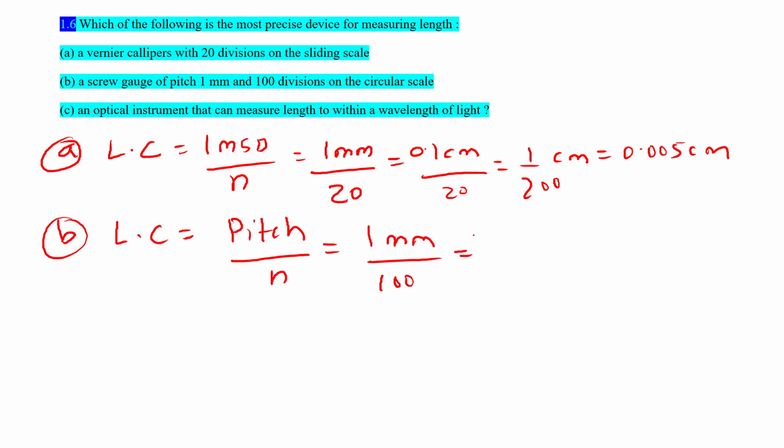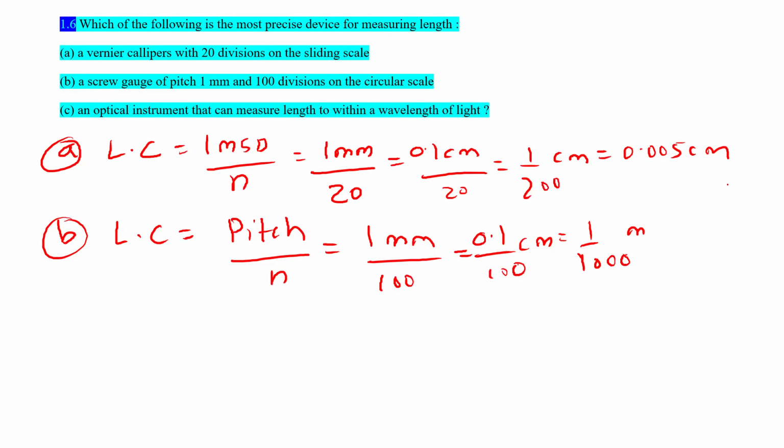Converting 1 millimeter into centimeter, it is 0.1 by 100 centimeter, or 1 by 1000 centimeter, which is equal to 0.001 centimeter. This is the smallest measurement that can be done with the screw gauge.